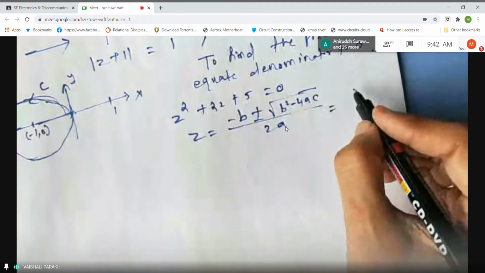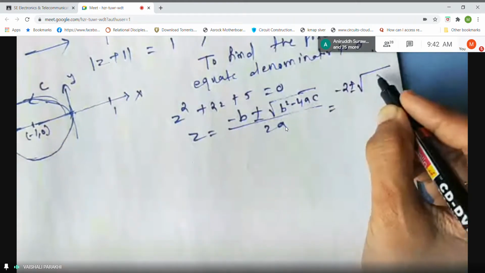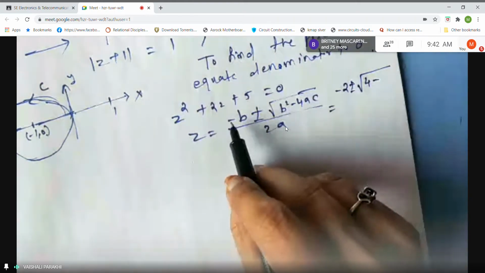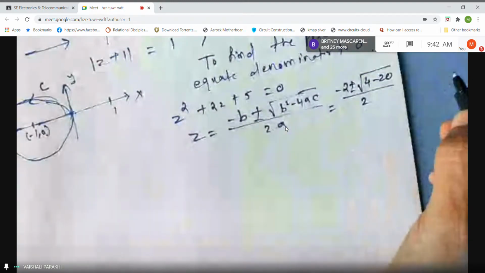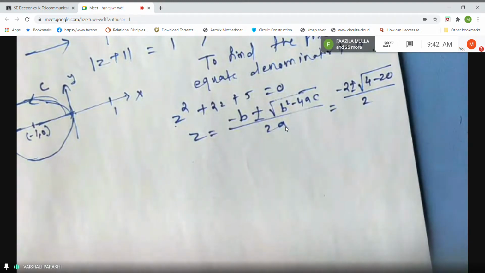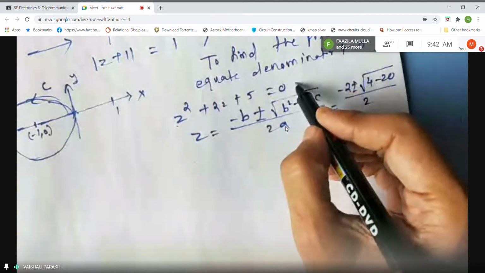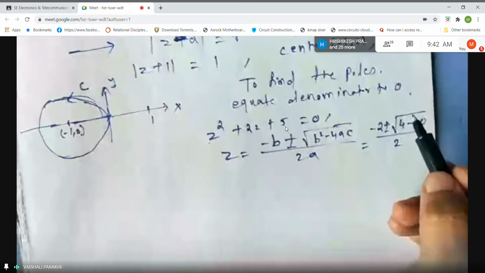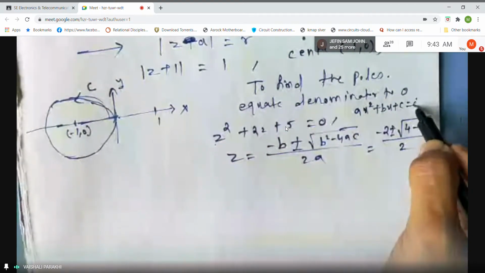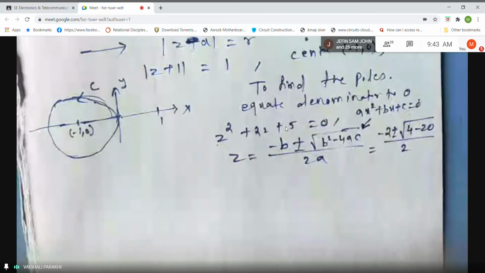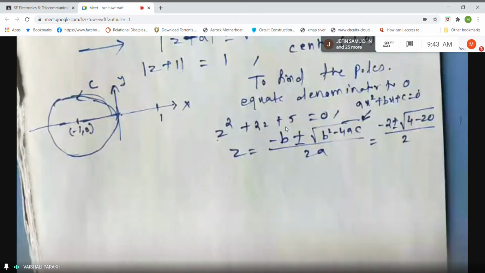Minus b means minus 2 plus or minus root of b square means 4 minus 4ac, 4 5s are 20, divided by 2a because a is 1. What is the equation for which I have taken this formula, students? The new students, if you are not in touch with this, this is the equation ax square plus bx plus c is equal to 0. So this is the formula to find the roots of a quadratic equation which is not easily factorizable.